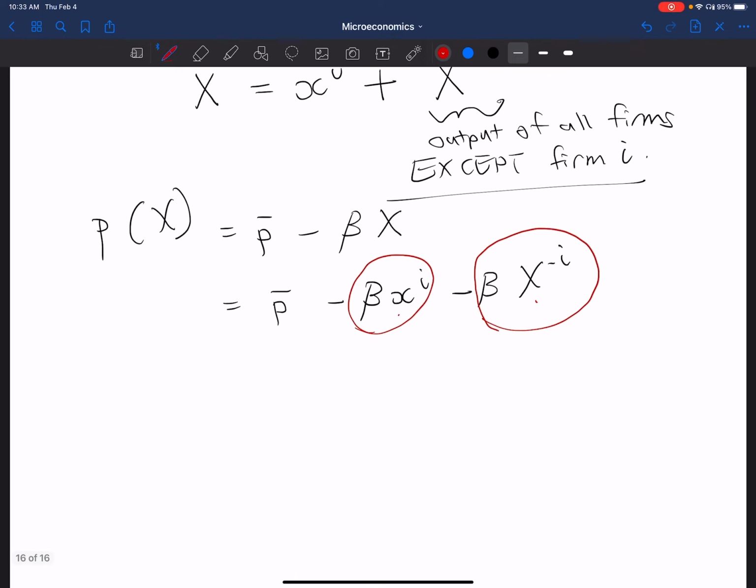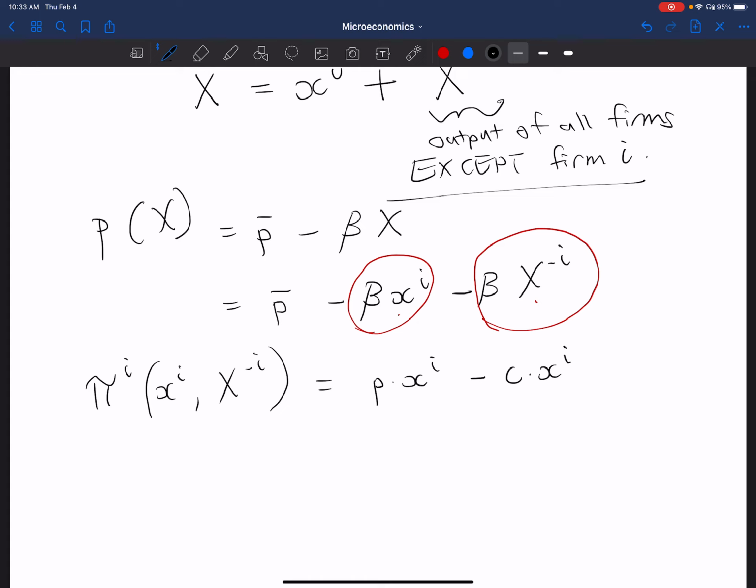Keeping that in mind, we can go through the same process that we've gone through previously, thinking about the total revenue and total costs of the firm in order to construct the profit. So the profit for firm I, as a function of Xi and X minus I, is equal to price times Xi minus costs of Xi.